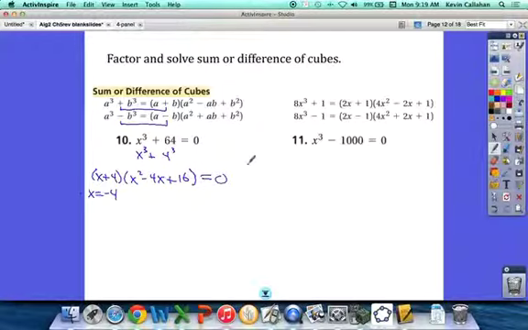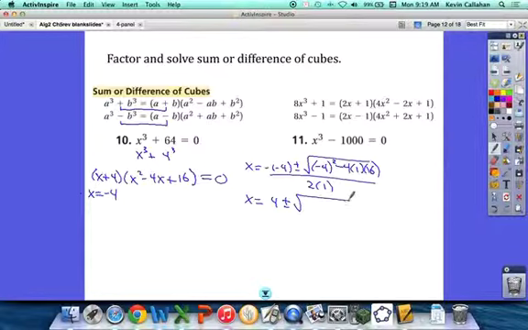So this will be x equals negative 4 plus or minus the square root of negative 4 squared minus 4 times 1 times 16, divided by 2 times 1. x equals 4 plus or minus the square root of 16 minus 64, which is negative 48. And now you see this is going to be imaginary because you're taking the square root of a negative number.